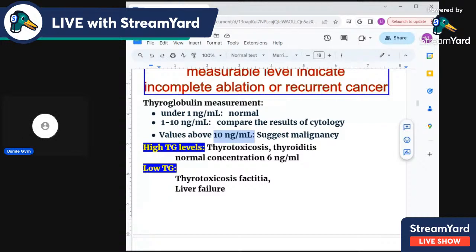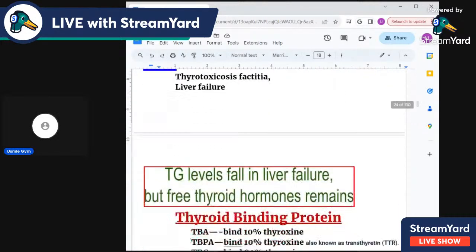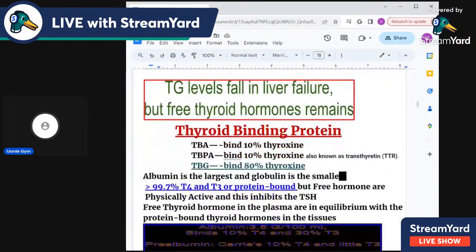Thyrotoxicosis factitia is the only one where thyroglobulin is low. Otherwise, in all thyrotoxicosis, and also in thyroiditis, the thyroglobulin levels are high. It falls in liver failure.